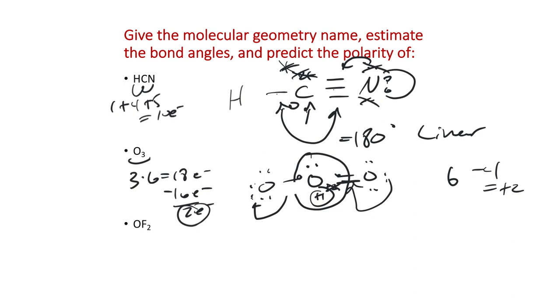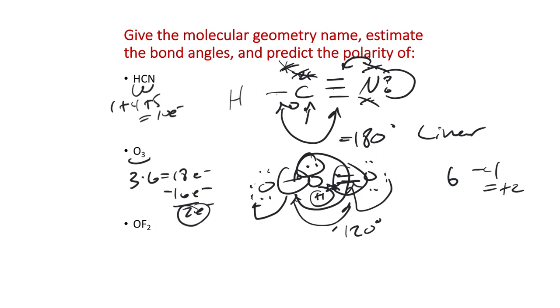So we can imagine resonance, but the resonance effect isn't super important because what's really important in chapter 9 is counting domains. So it's counting 1, 2, 3 total domains. 3 domains kicks it into trigonal planar. I don't even think I have to resketch this as being close to 120 degrees. I could try to resketch a trigonal planar structure, but I can also say, well, I know there's a lone pair, 2 domains, it's going to be closer to 120.